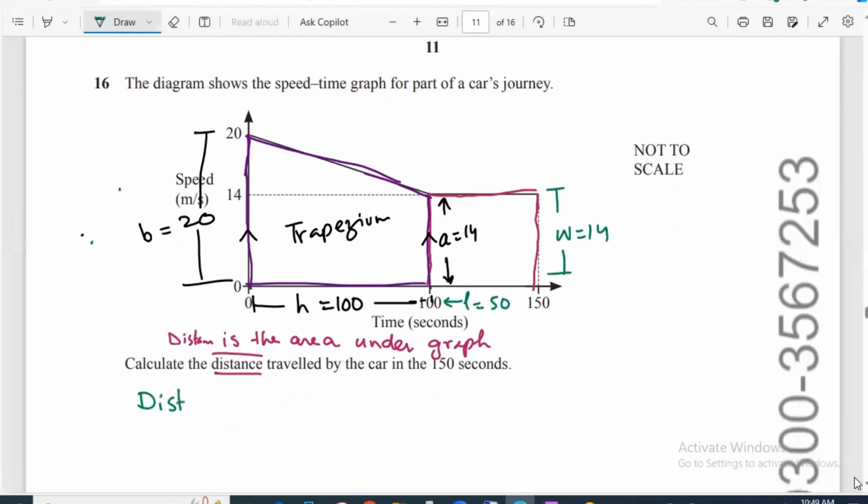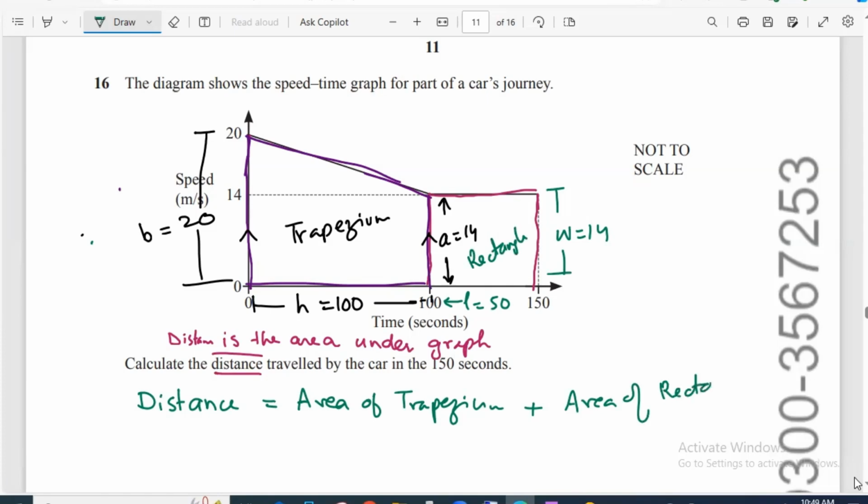Now write down the formula. Distance equals area of trapezium plus area of rectangle. The area of a trapezium is half times height times A plus B, and the area of a rectangle is length times width.